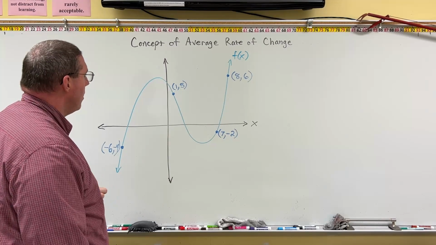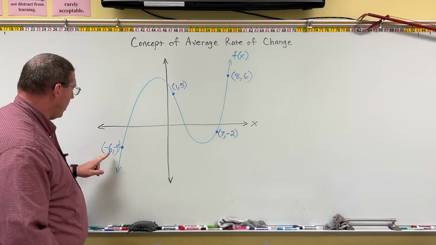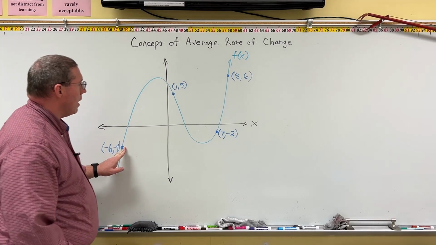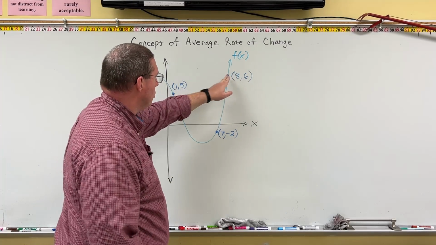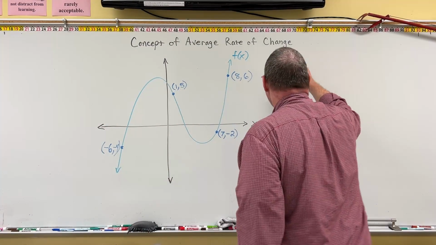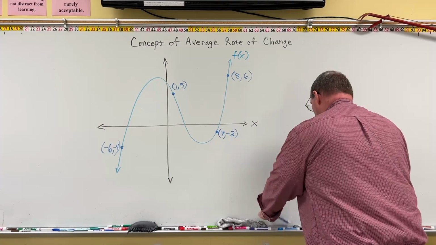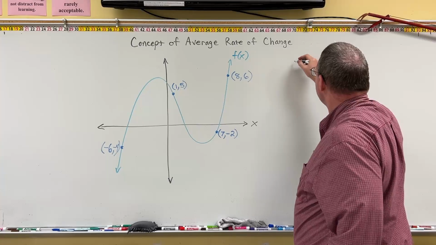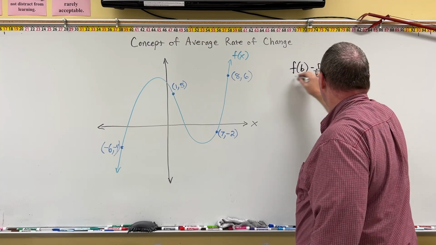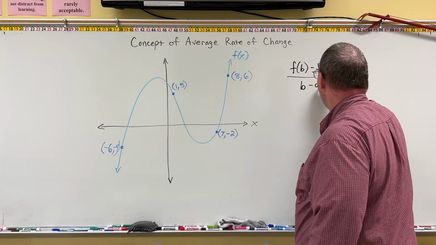So let's say that I want to know the average rate of change between (-6, -4), that's this point here, and (8, 6), all the way over here. And so we know the formula. We know that the formula goes f of b minus f of a over b minus a.